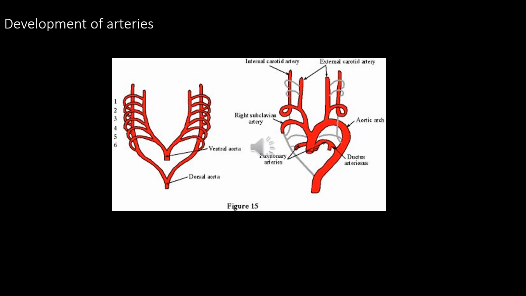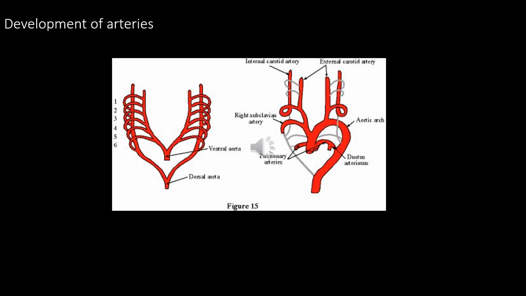So the right recurrent laryngeal will hook around the subclavian artery. Please remember, the right recurrent laryngeal nerve hooks around the right subclavian artery.